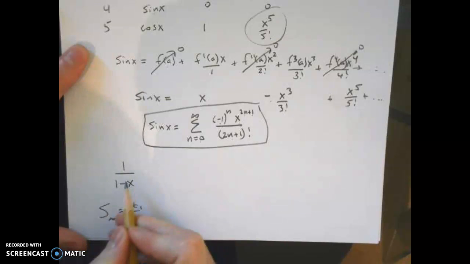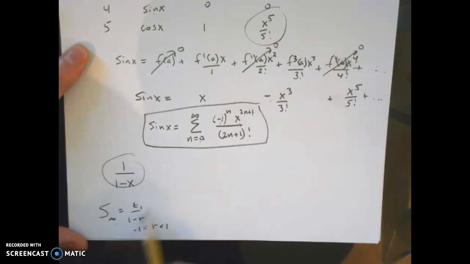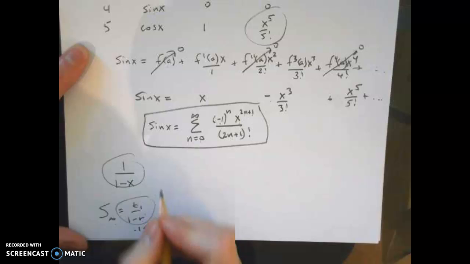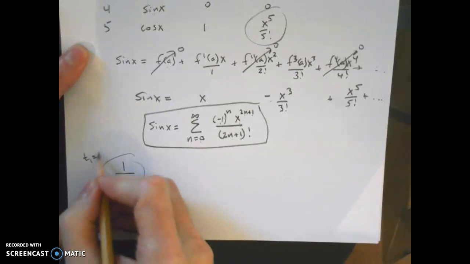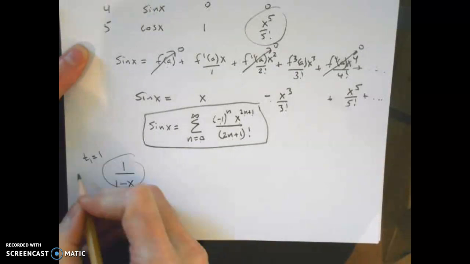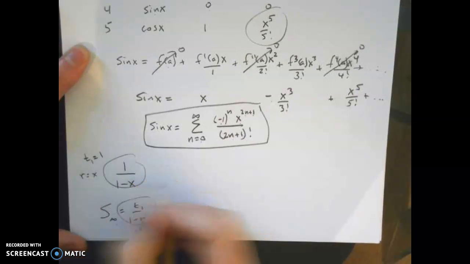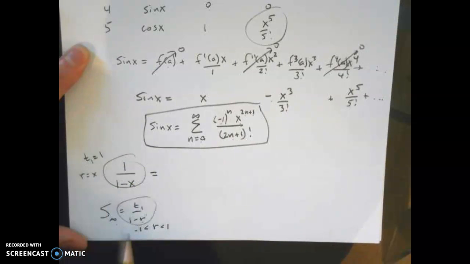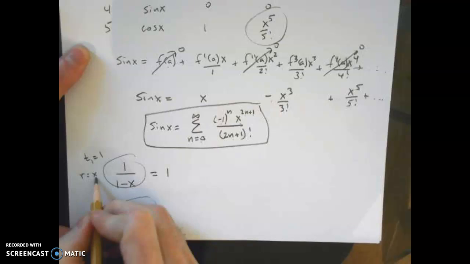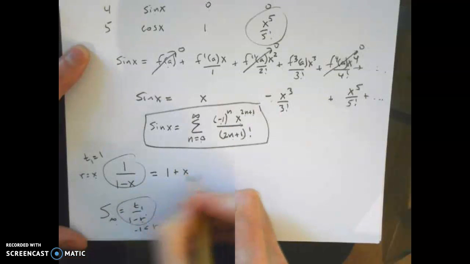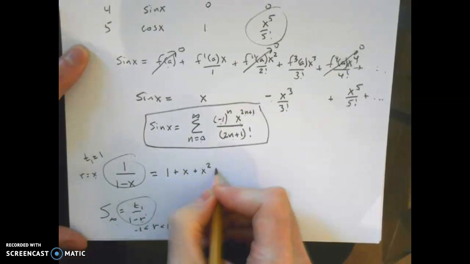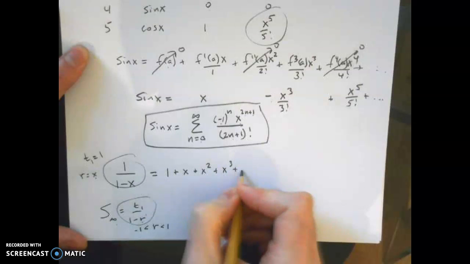So you can think of this as this sum. Your first term, t1, is equal to 1, and then your common ratio is x. So this would be the first term, 1, plus x, plus x squared, plus x cubed, plus dot, dot, dot.